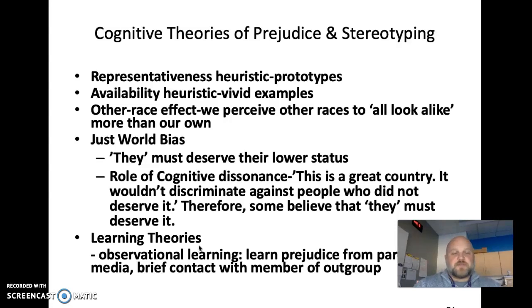Which leads to a final question: how do you prevent it? It's not easy. But one thing is having contact with outgroups, other diverse groups, ethnicities, genders, and so on. Having contact with them would reduce conflict amongst groups and lessen prejudice towards those groups.